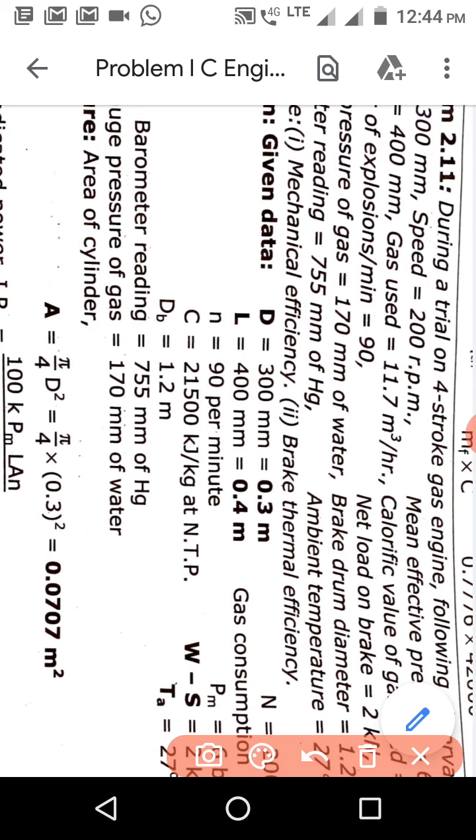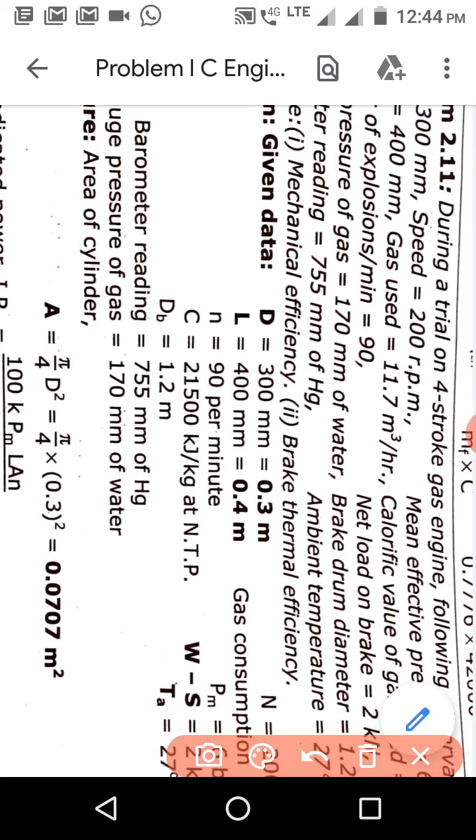So mass flow rate or volume flow rate will be given in the examination. Whenever the volume flow rate is given, at that time you have to use the volume flow rate, and in all the related formulas, instead of mass of fuel we'll use the volume of fuel use. Now, in the last problem, while calculating the brake thermal efficiency, we used the mass of fuel use.